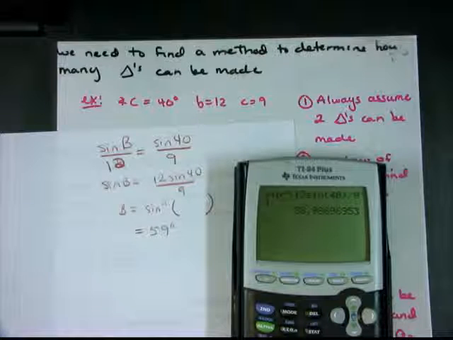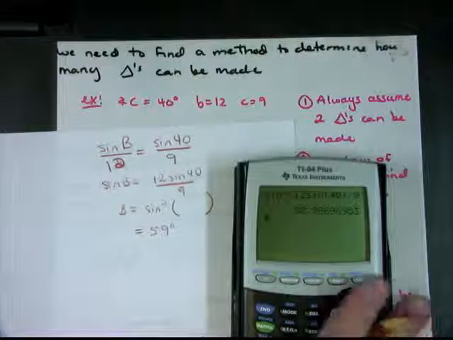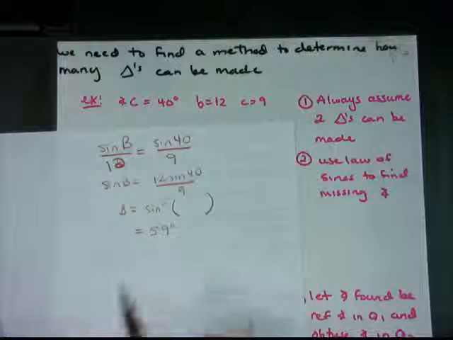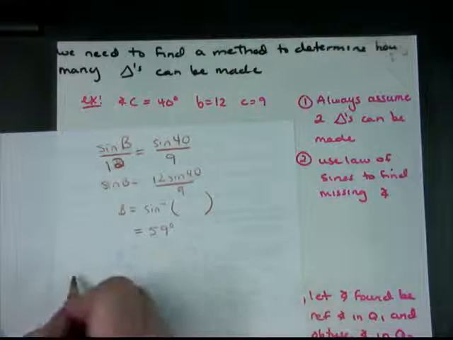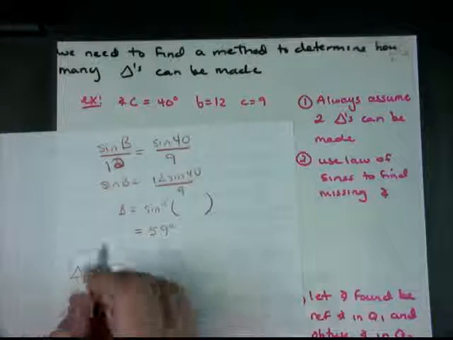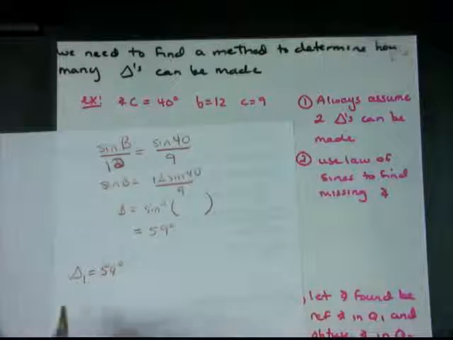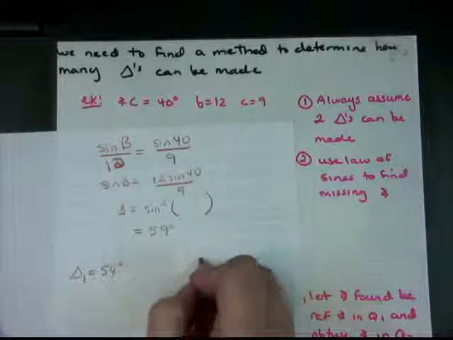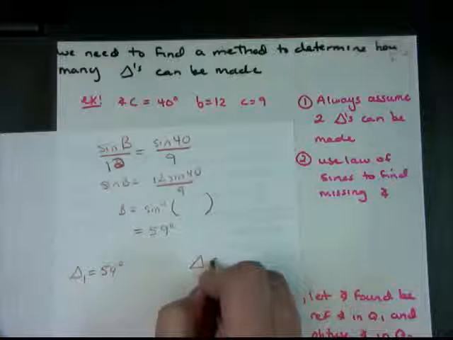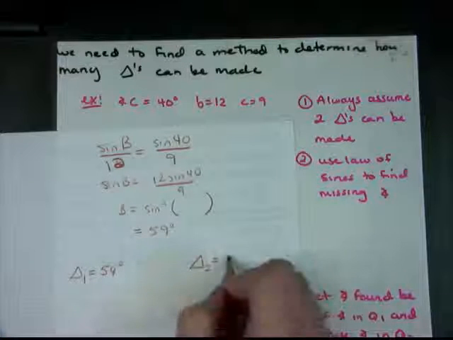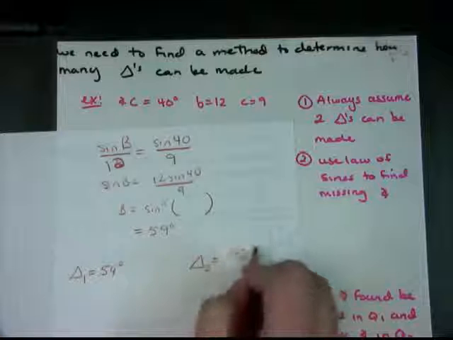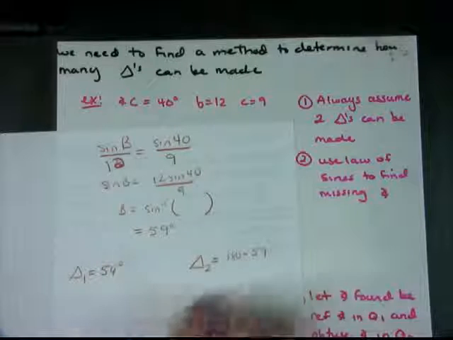All right, so we just do it normal, and okay, that's fine. Well, what we're going to do is say triangle 1 has 59 degrees. In order to be triangle 2, it would have to be the supplement, 180 minus the 59.